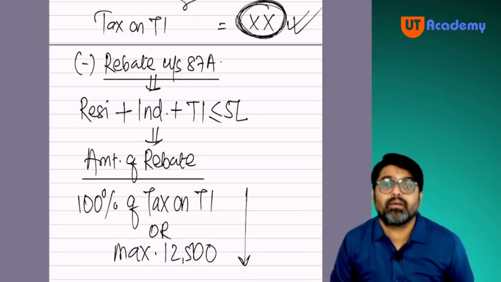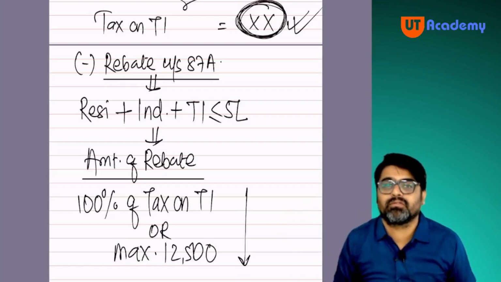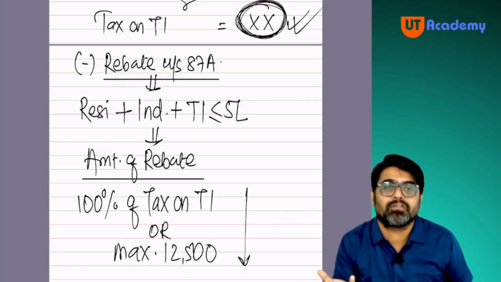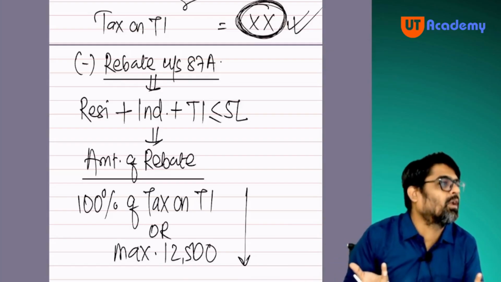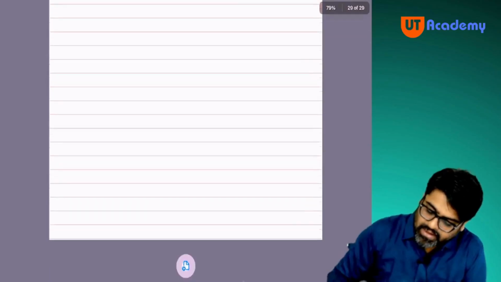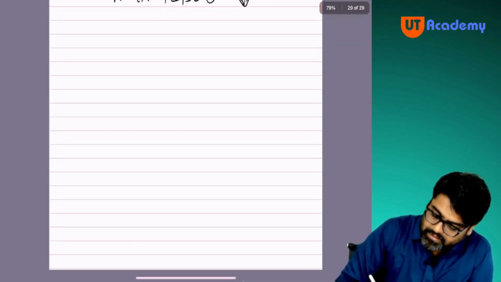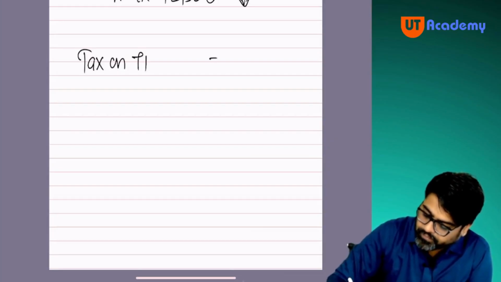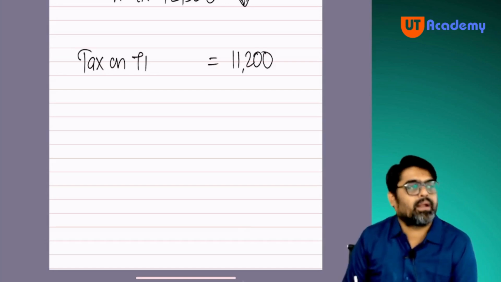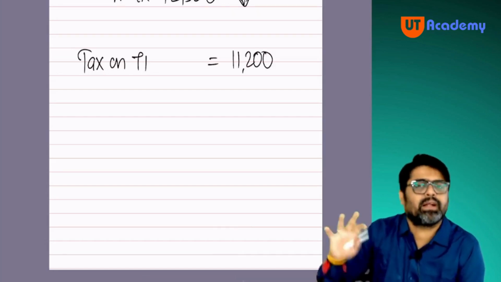Okay, wait. After taking the rebate, no tax remains. Nil tax. On that apply 4%. Nil only. So for example, if I say that my tax on total income was 11,200. Tell me, will I get any rebate? Yes. I've satisfied the conditions.